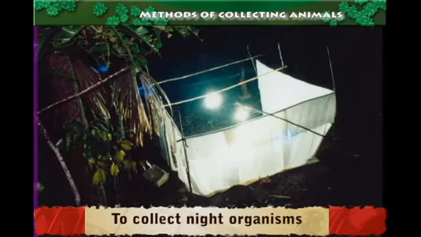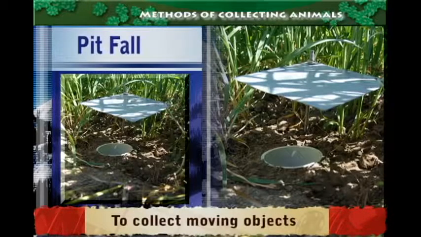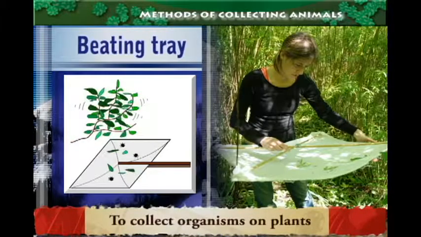And then we can also use a pitfall for insects that are moving in the field, where we dig a ditch, put a container inside and cover on top with a stone, so as not to allow sunlight in, and then the insects fall inside and are trapped. And then we can also use the beating tray to trap those organisms that are on the trees. So those are the different methods that we use.